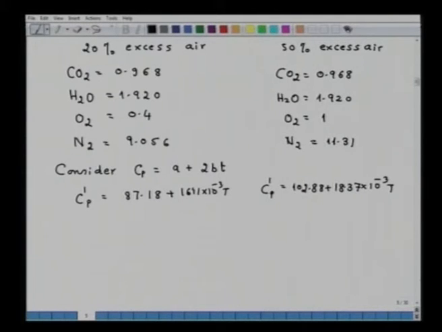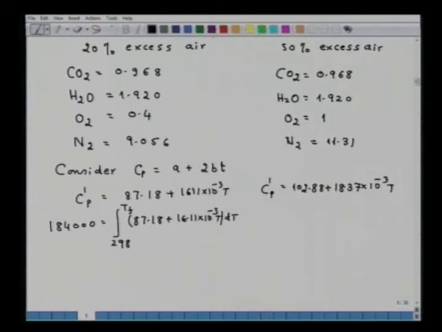Now, again I have to do the heat balance. So, here the heat balance will be 184,000 equal to the integral from 298 to TF of (87.18 plus 16.11 into 10 to the power minus 3 T) dt.